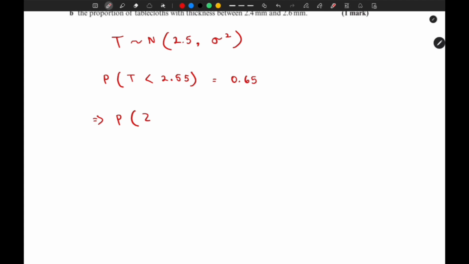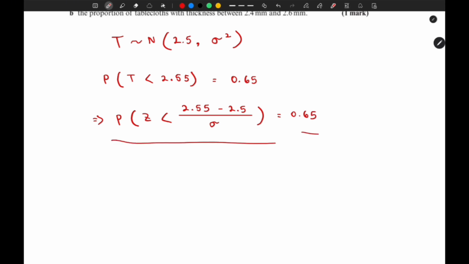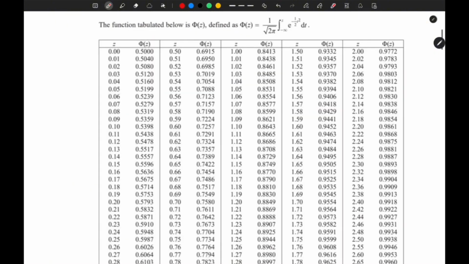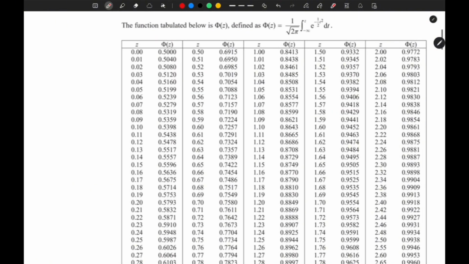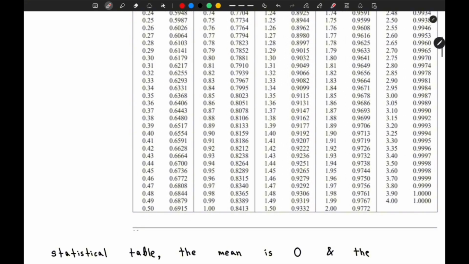So we can replace t with z, and 2.55 with 2.55 minus the mean value, divided by the standard deviation, equals 0.65. If we go back to the statistical table, when the value of phi z, which is the probability, is 0.65, we need to find the value of z.